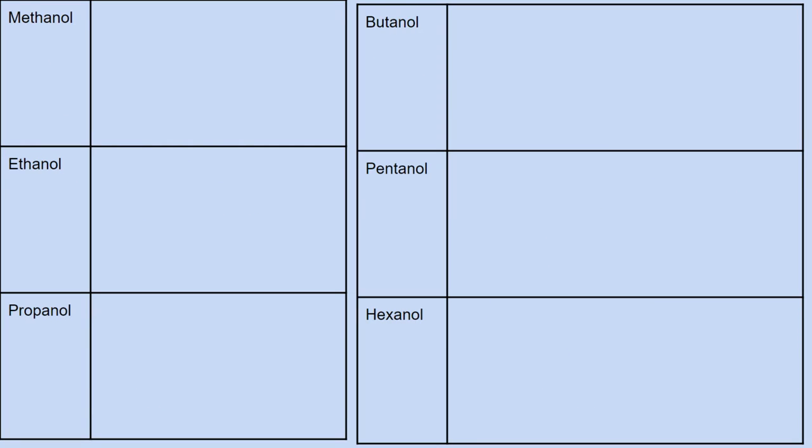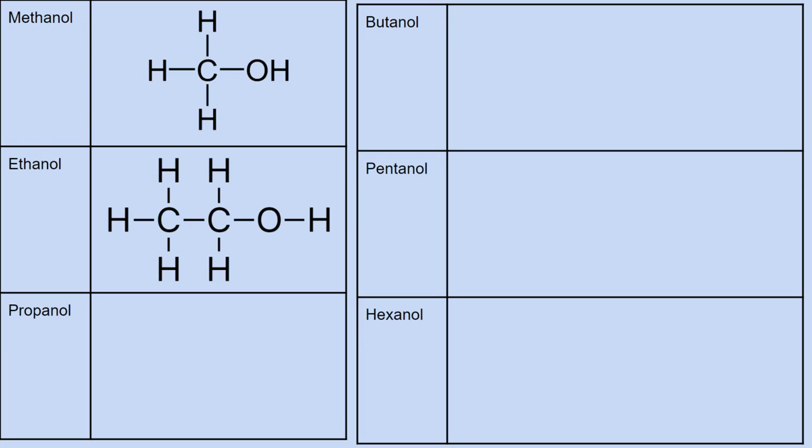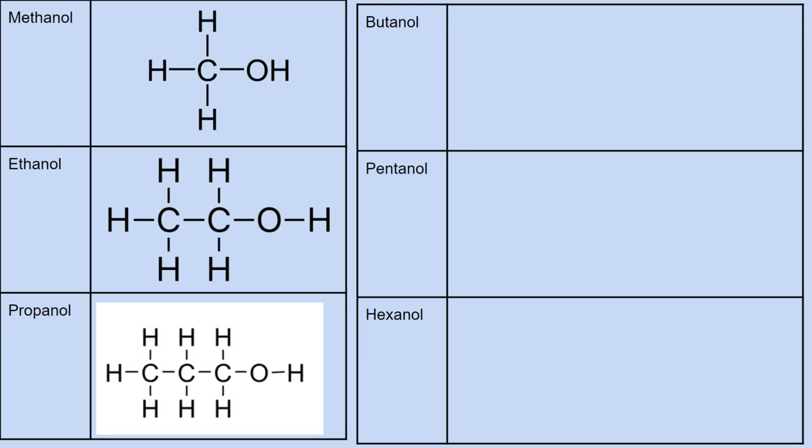I'm just going to show you the structures for the first 3. See if you can draw out the next 3 structures. Pause the video, draw them out based on their names. Remember, the more times you do this, the better you're going to do at remembering them and putting them into long-term memory.